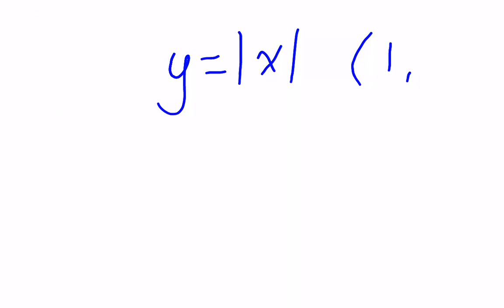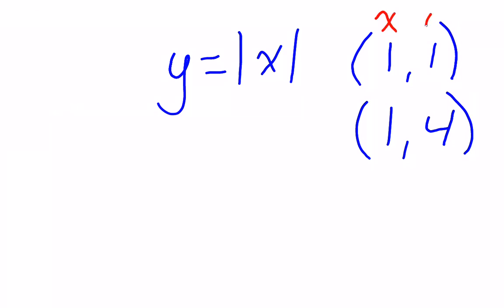All right, let's take a look at another example. The next one is, what is the equation of the new graph if y equals absolute value of x is translated so the point 1, 1 is moved to 1, 4. So we start with the point 1, 1 and we want to move it to 1, 4. Again, we have to think based on the graph what is happening here. These points are x and y because we plot them on the graph.